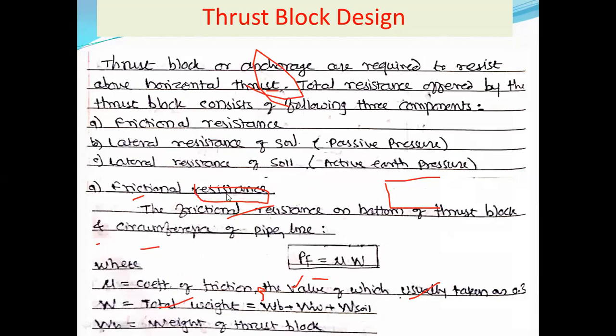Then write down this sentence. The thrust blocks are required to resist above horizontal thrust.